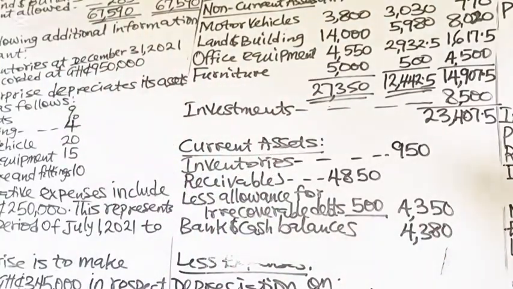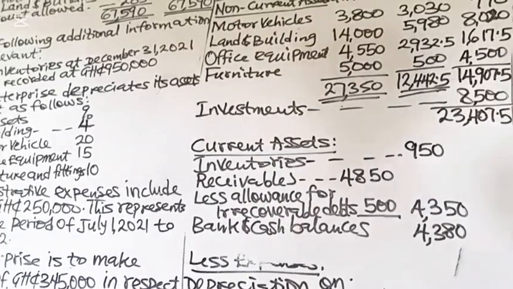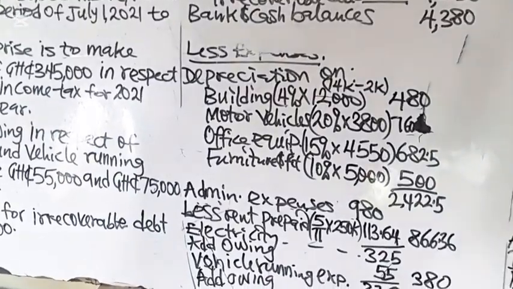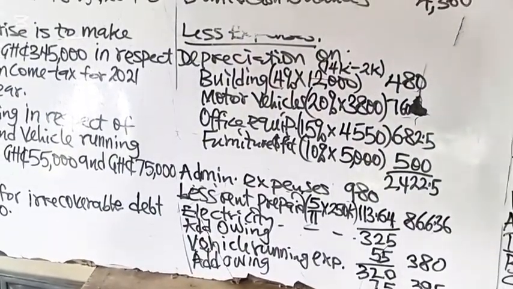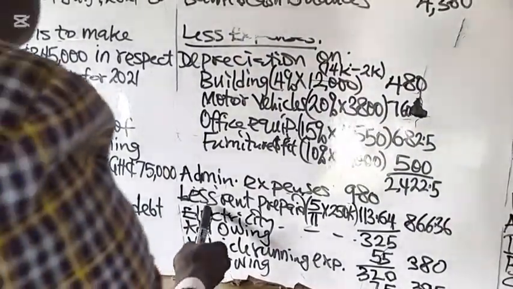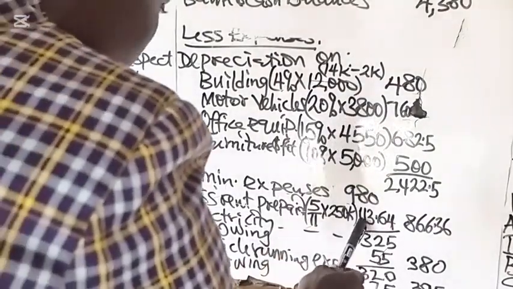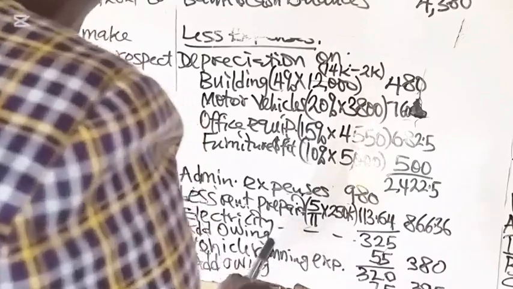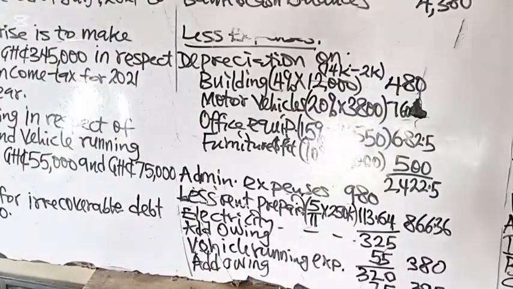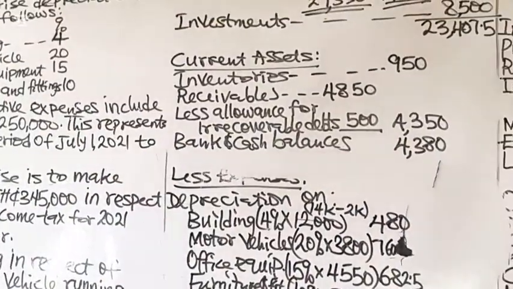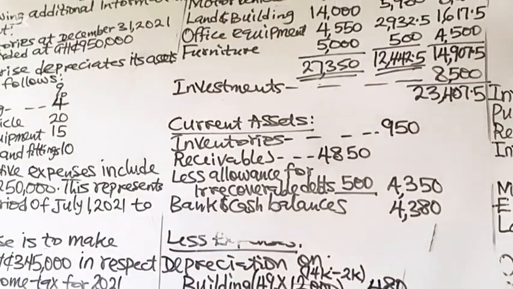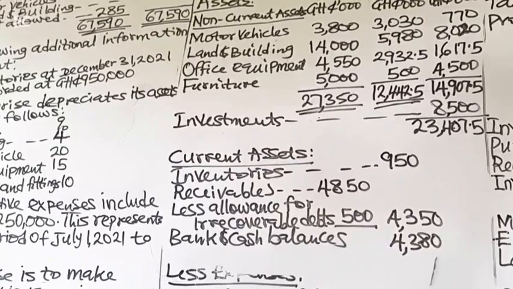Then, if you look at the expenses we have charged earlier, we have rent prepaid, less rent prepaid of 113.64. The prepayment is part of current asset, so we need to include that as part of our current asset.